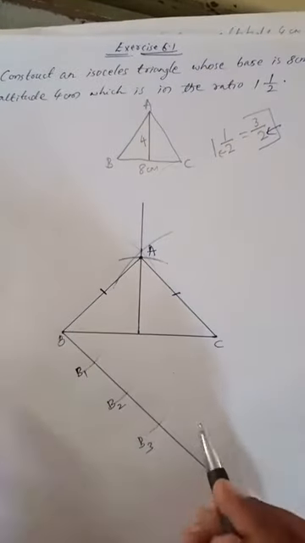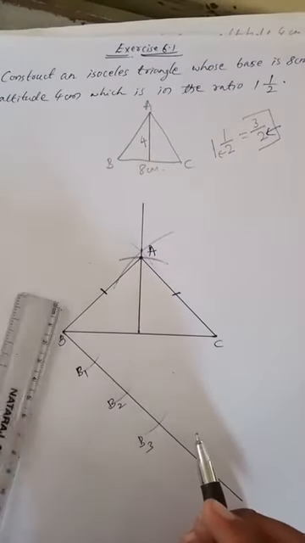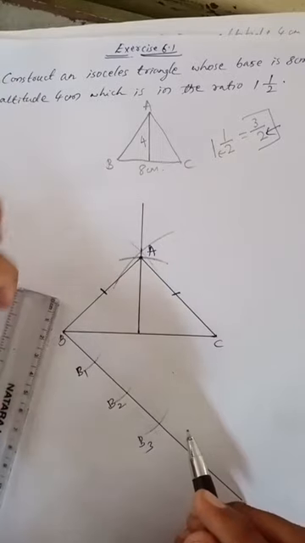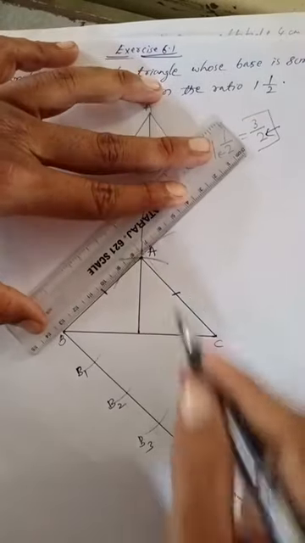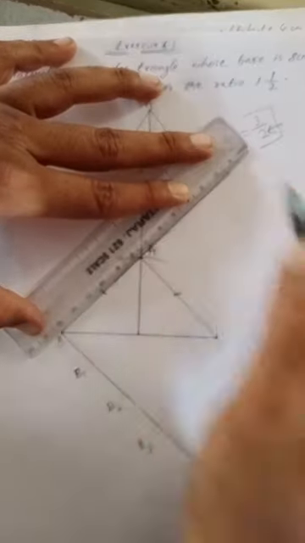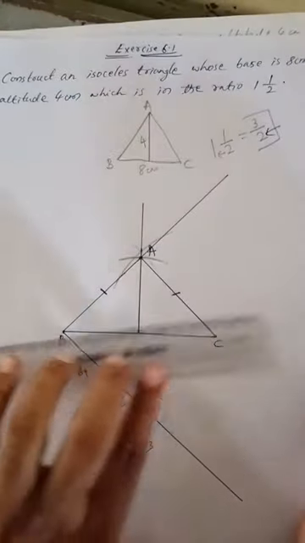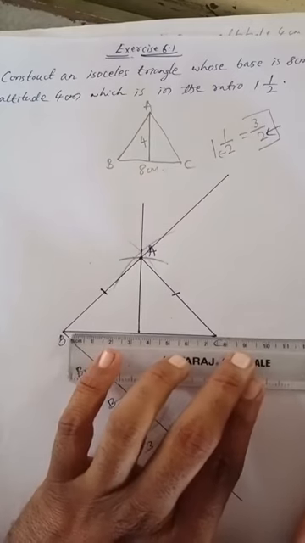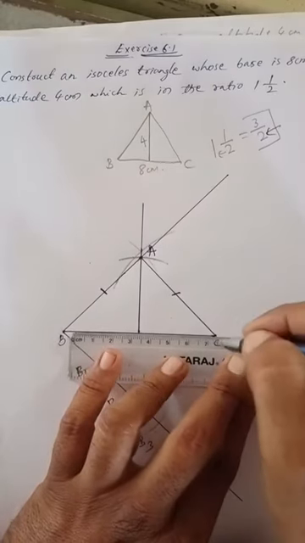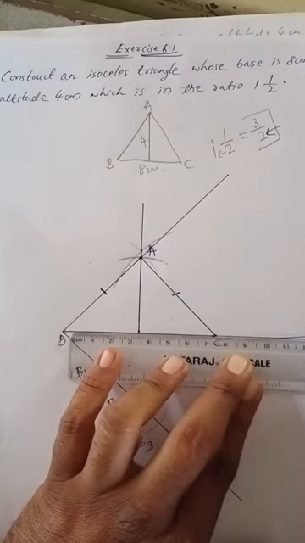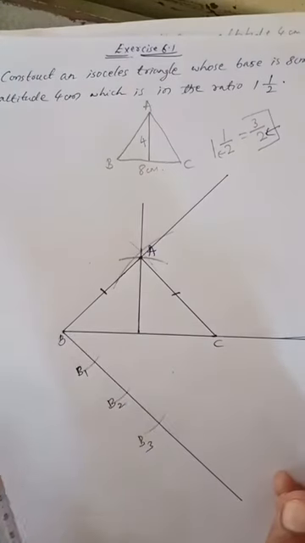It means B2 we have to join, and I told you whenever the denominator is lesser than the numerator, compulsorily we have to extend AB and BC. So I am going to extend AB. This is the extended line. BC also we have to extend in the same manner. See here. Yeah, I extended BC also.